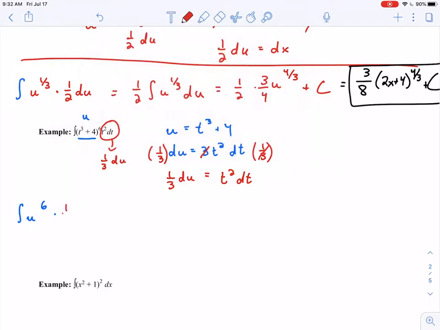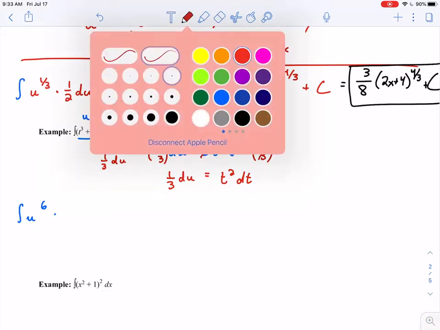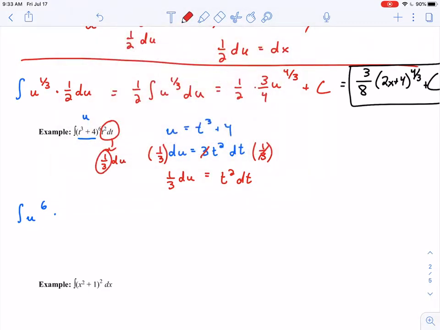I know I'm going to want to do the same thing I did with this 1/3 last time. I'm going to want to factor that out just because I think it makes the rest of the problem easier. So what I will do oftentimes right away, rather than writing 1/3 du, I see this constant multiple of 1/3, I'm just going to go ahead and factor that out right away.